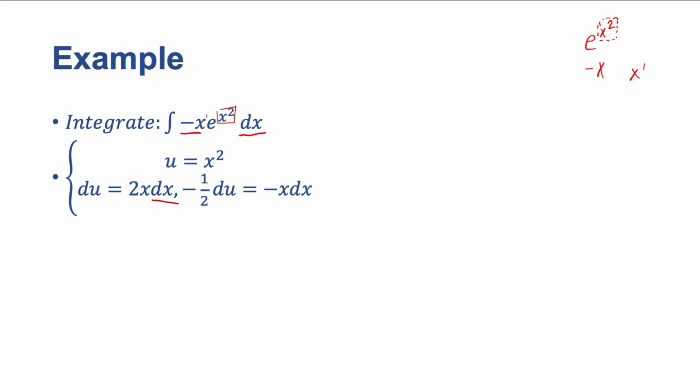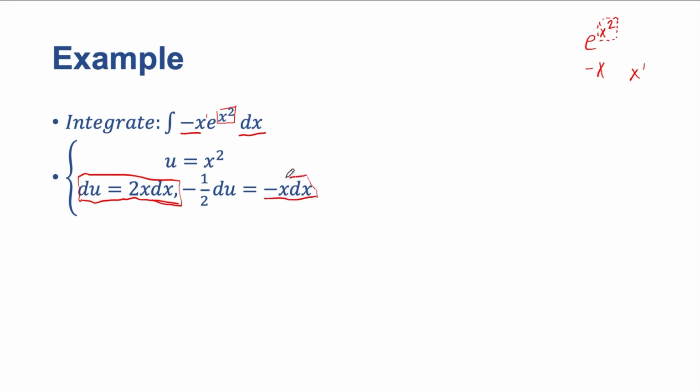So to do that, I'm going to solve for negative x dx. I'm going to try to make this expression look like negative x dx. So I have something in terms of u equal to something in terms of x, right? So if I multiply both sides by negative 1/2, I will get negative 1/2 times du equals negative x times dx.